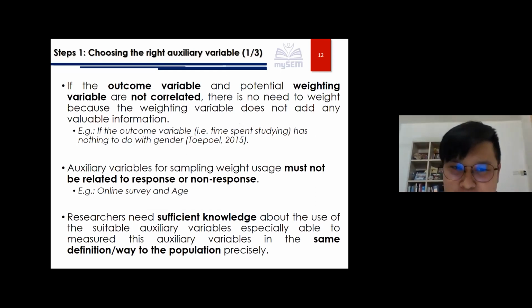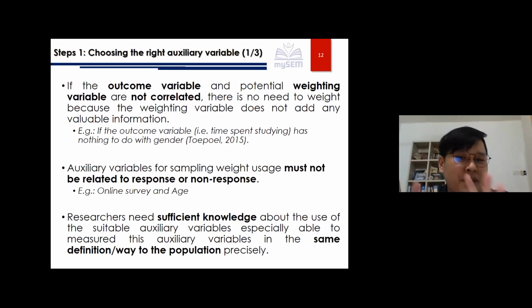So the first step of doing this WPLS, you need to know and choose the right auxiliary variable. The auxiliary variable here will be your weighted variable. The weighted variable, most of the time, comes from your demographic variables. Let me explain why demographic. Again, just now I mentioned, if you plan to collect data, you could somehow know the population.